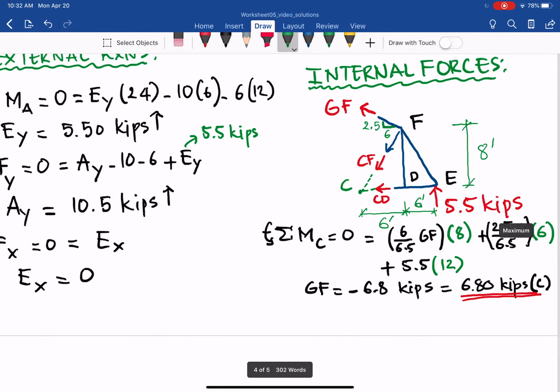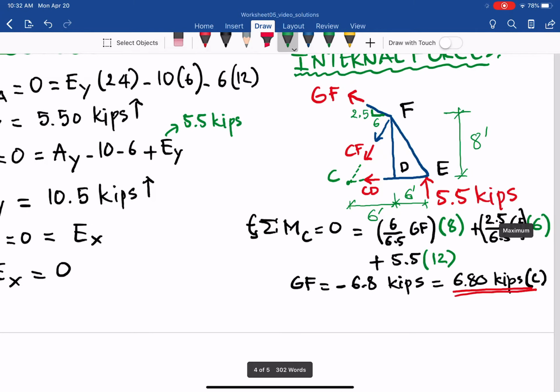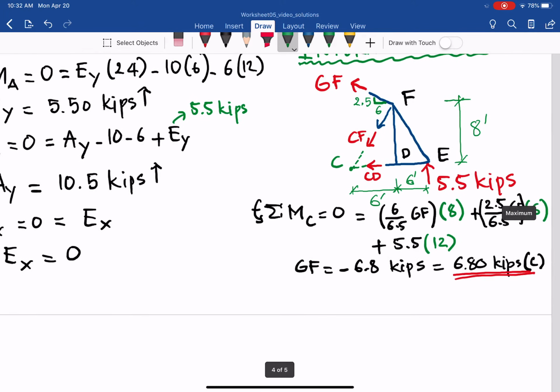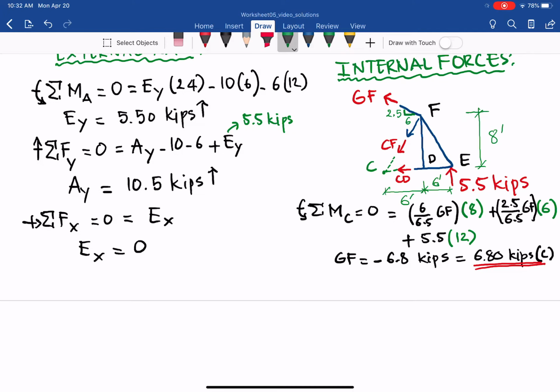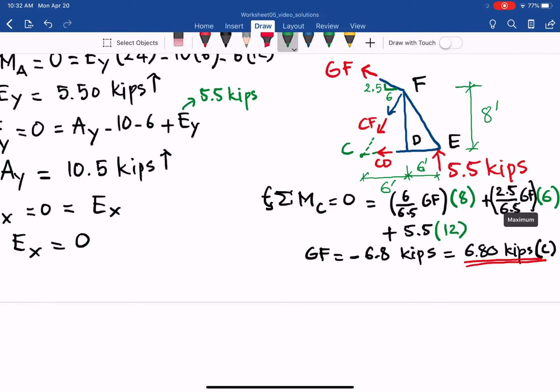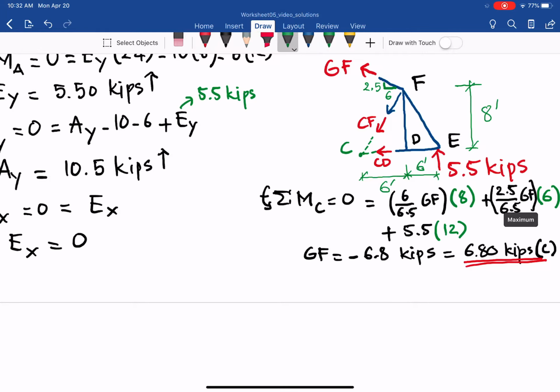GF has two components: 6 over 6.5, or 12 over 13, with a moment arm of 8 feet. The second component is 2.5 over 6.5 GF, the vertical component, also counterclockwise, so it is plus, or 5 over 13 times 6 for the moment arm. Then the support reaction Ey, 5.5 times 12 for the moment arm. From that we have GF equal to negative 6.8 kips, or in compression.